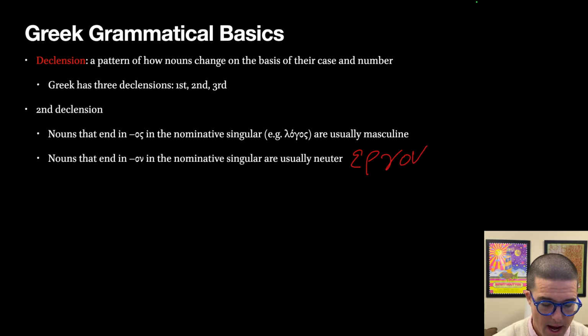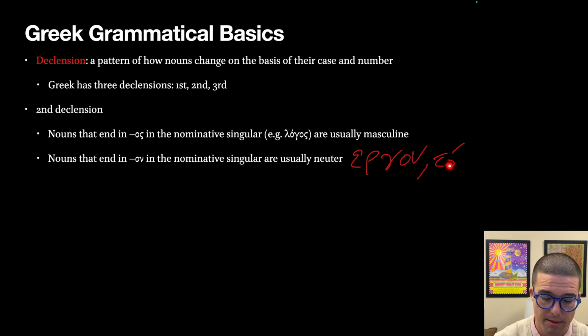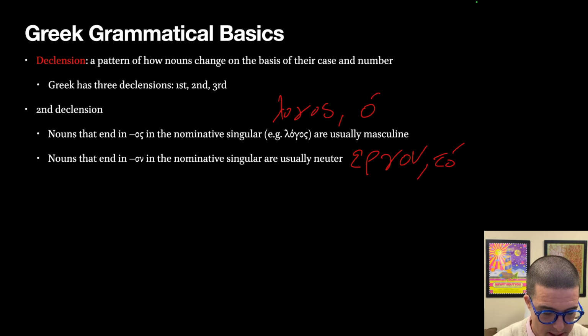And in a lexicon, or in a vocabulary list, the way that gender is going to be indicated is by the definite article, which we're going to talk about in a little bit here, after it. So when you see something like logos followed by this, this is going to be the masculine nominative singular definite article telling you that this is masculine.